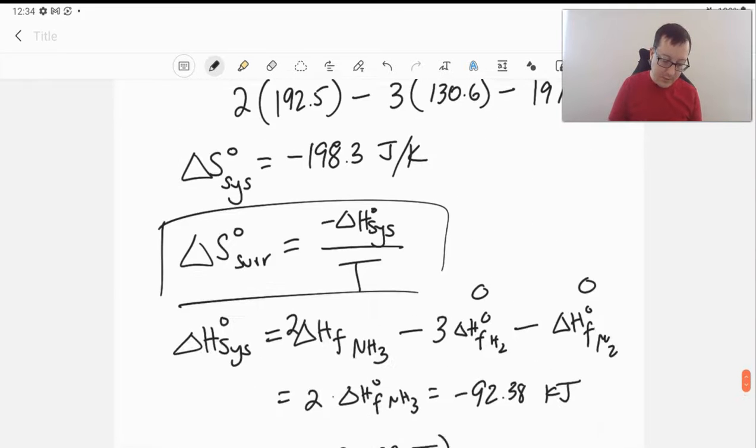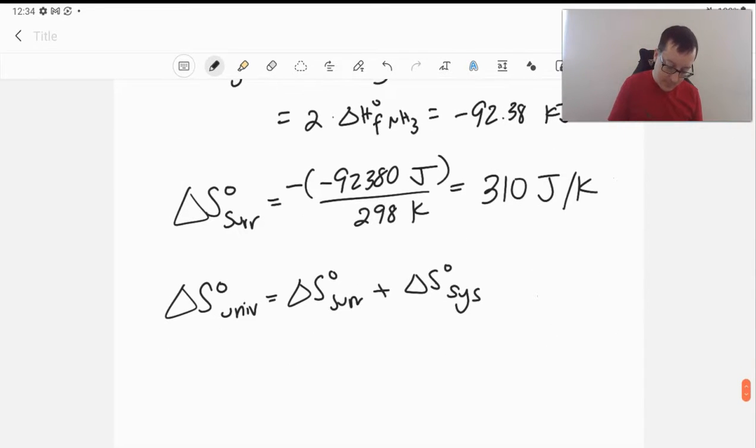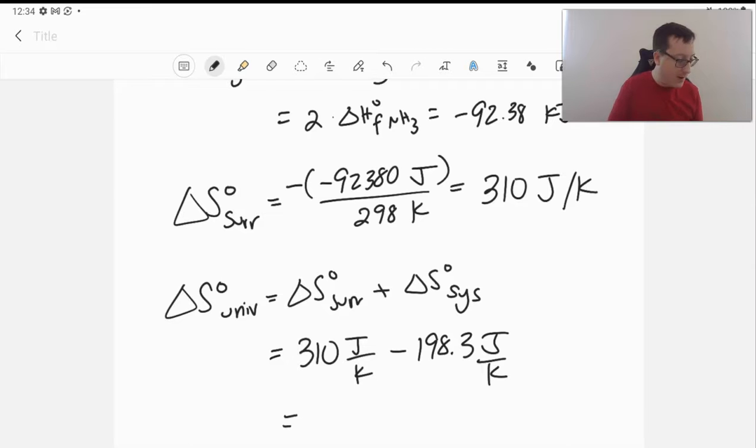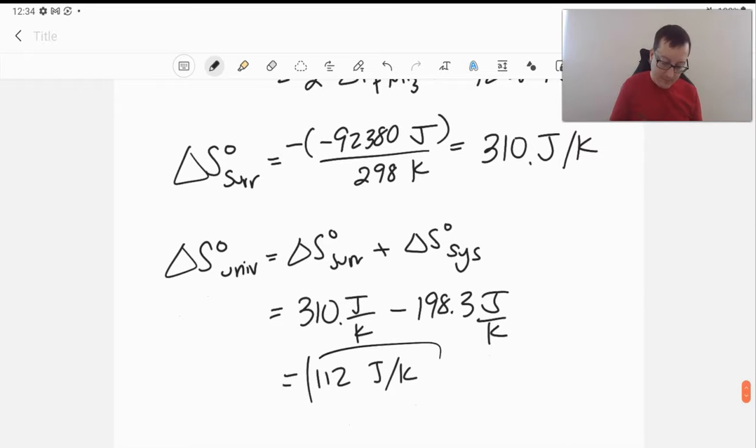And we got that as negative 198.3. So 310 minus 198.3 joules per Kelvin. This is some positive number. It's 112 joules per Kelvin, if that's a sig fig there, which is positive.